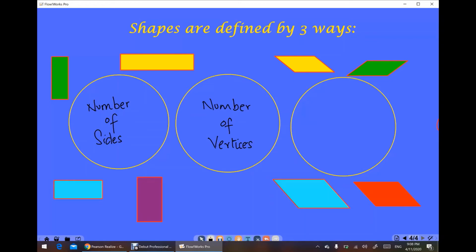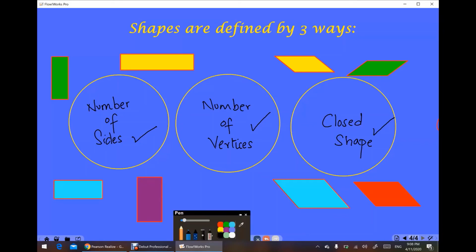And the last one is, are they all closed shapes? So this is how you define the shape. If all the shapes have the same number of sides, the same number of vertices, and they all are closed shapes, then you will say that this is the shape which is given. Now here you can see on top, number 1, number 2, number 3, and number 4.